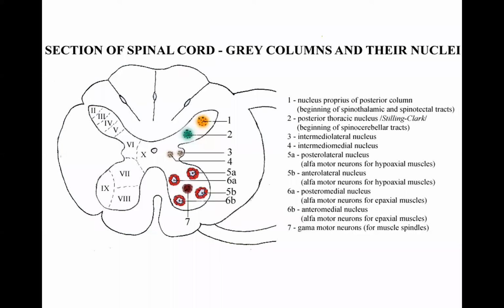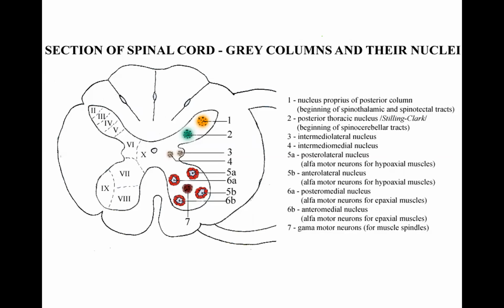So we continue inside the gray matter, and we will talk about the nuclei, which are the most prominent structures here. It of course contains many interneurons, but the neurons where the sensory fibers terminate or where the motor fibers originate are clustered in nuclei. Of course, if you perform a section, the nuclei are not visible by naked eye.